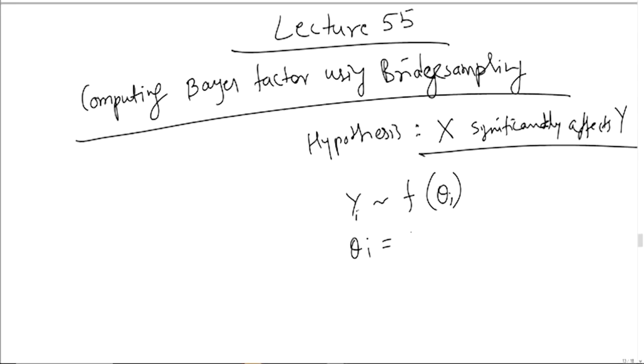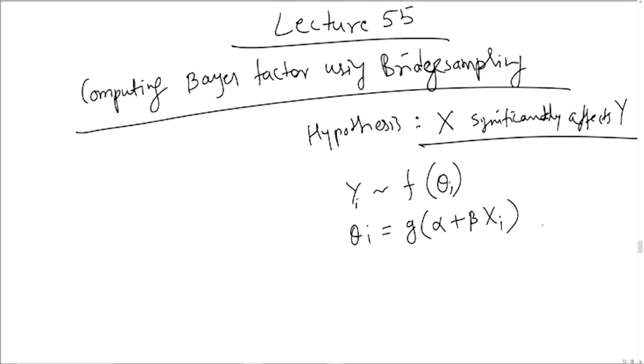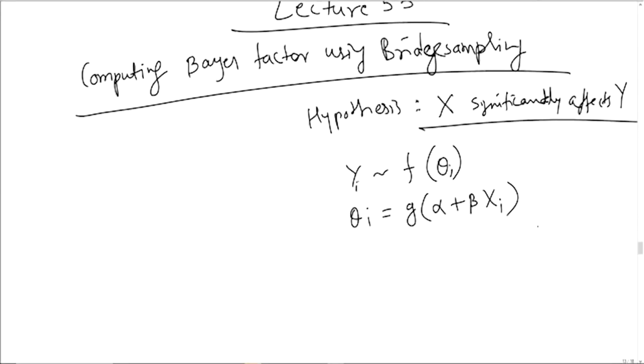So let's say theta equals some function, let's call it g. It could be a simple linear function, or it could be an exponential function, right? That will depend on what kind of parameter theta is. So let's say alpha plus beta into xi. Okay, so this is your model. This is basically a regression model.